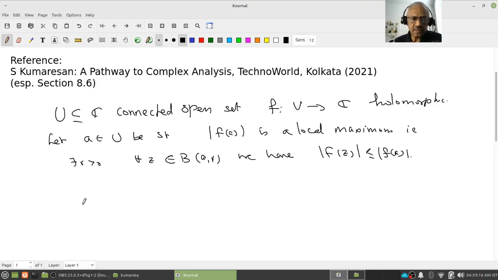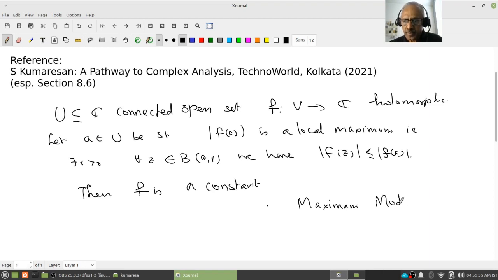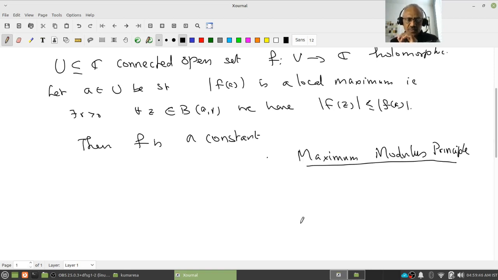What do you want to claim? Then f is a constant. This is known as the maximum modulus principle. Learn the version very well. Let us try to understand what it says.